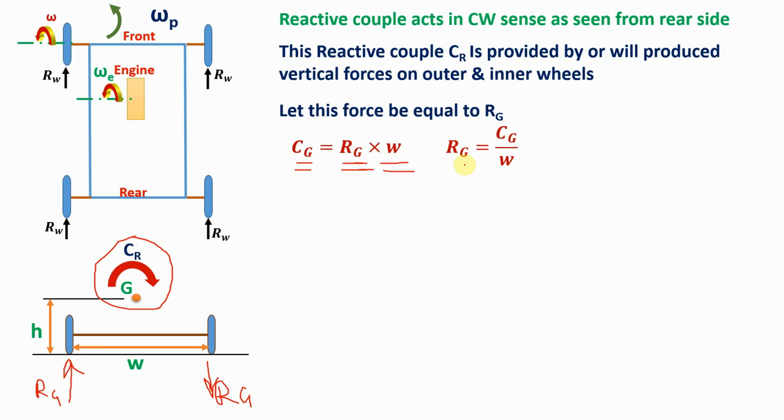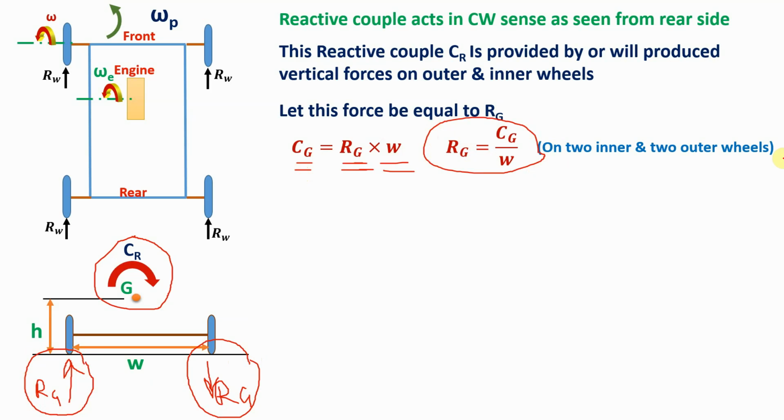So Rg is equal to Cg upon W. This is reaction on two left wheels and reaction on two right wheels. Okay, Rg is equal to Cg upon W is the reaction offered by two inner wheels and two outer wheels.